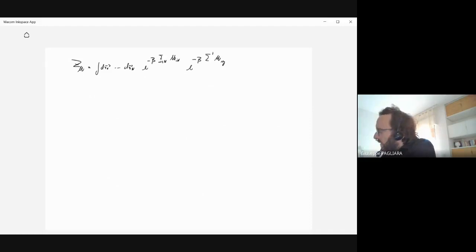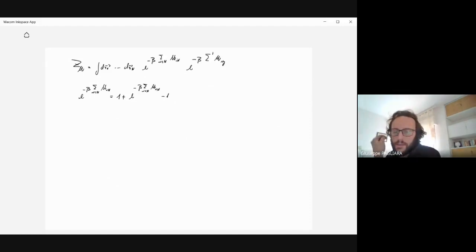Now let me write e to the minus beta sum i less than n of u_in in the following way, for a reason that will be clear later: 1 plus the exponential of minus beta sum i less than n of u_in minus 1, where I just added and subtracted 1.